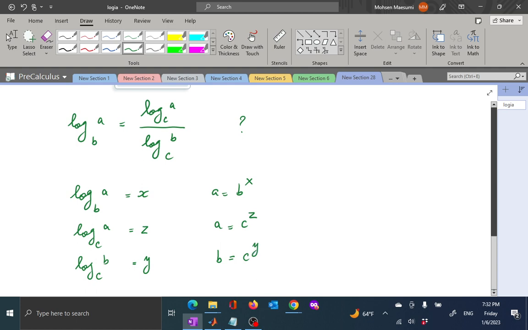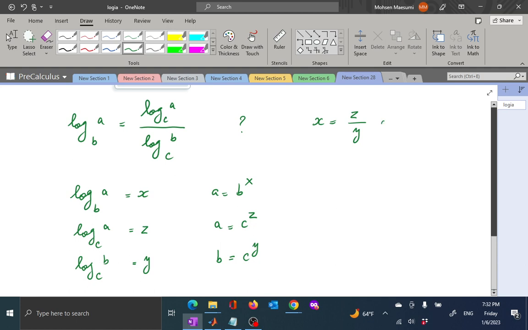So what this formula says, x, that's logarithm of a in base b, is equal to logarithm of a in base c, which is z, over logarithm of b in base c, which is y.